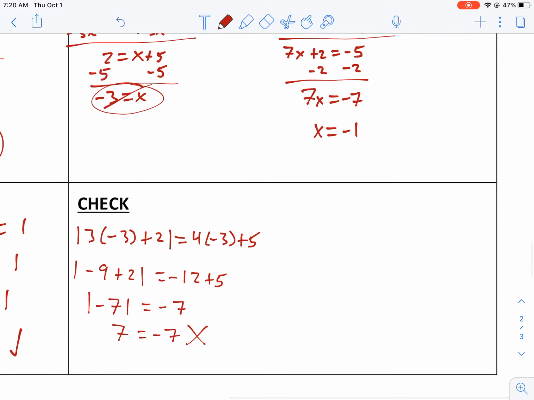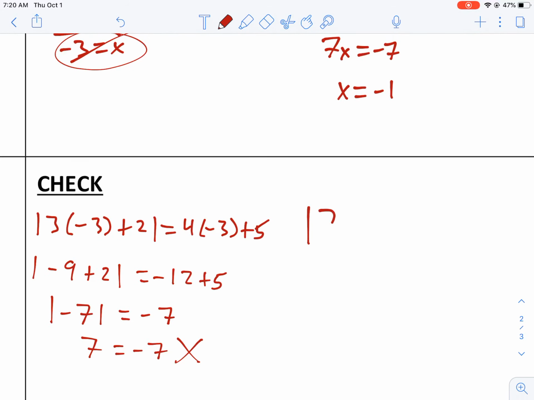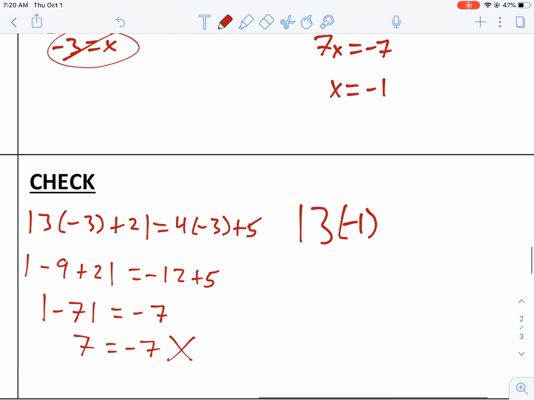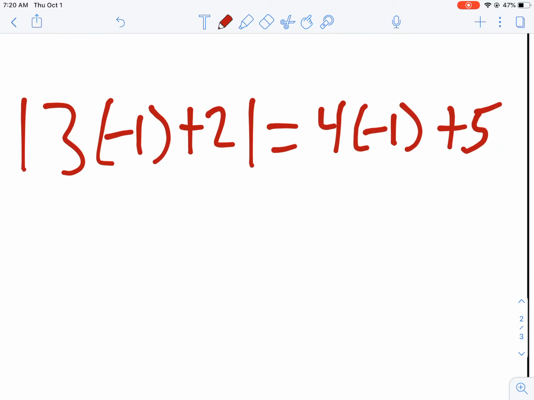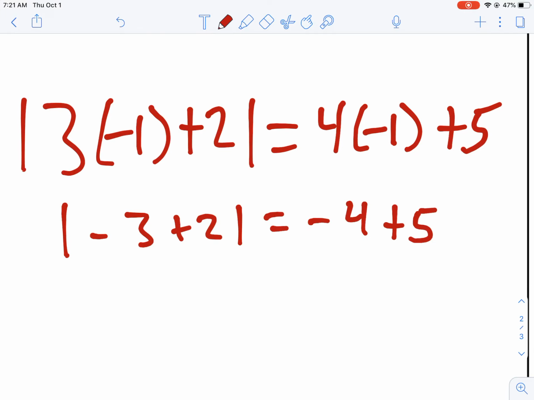So now we can check negative 1. Let's see if that solution works. We've got 3 times negative 1 plus 2 equals 4 times negative 1 plus 5. So 3 times negative 1, that's negative 3 plus 2. 4 times negative 1, that's negative 4 plus 5.